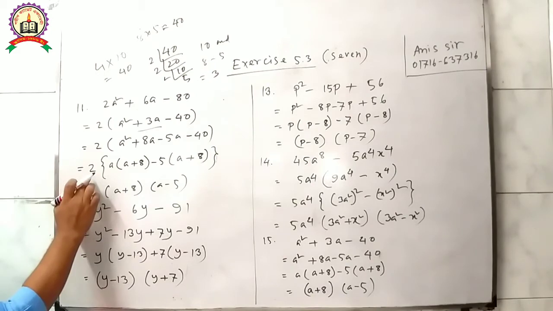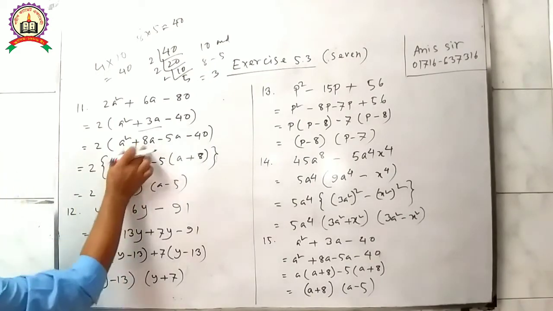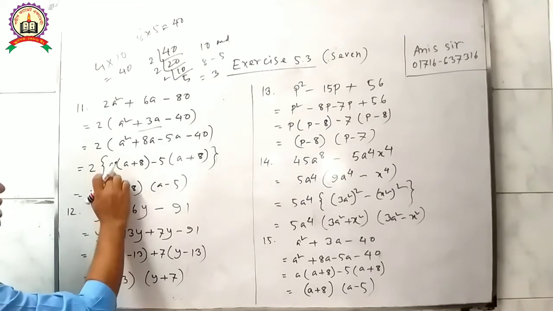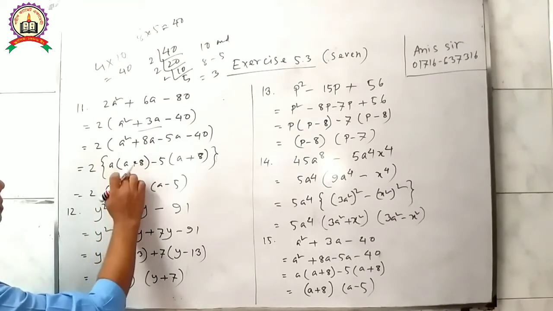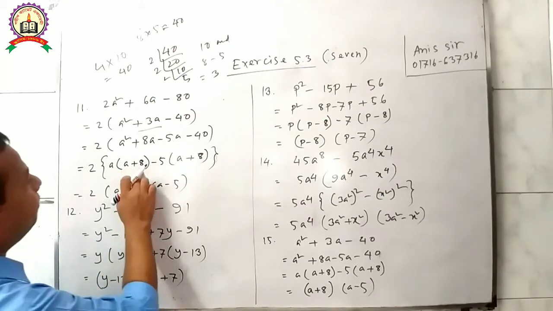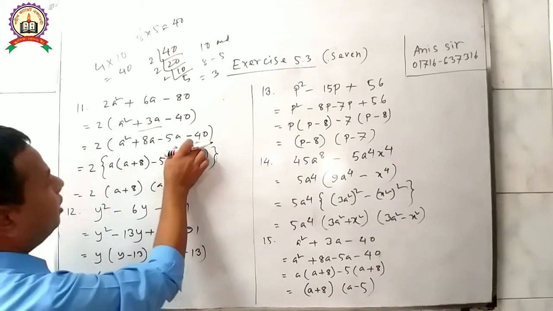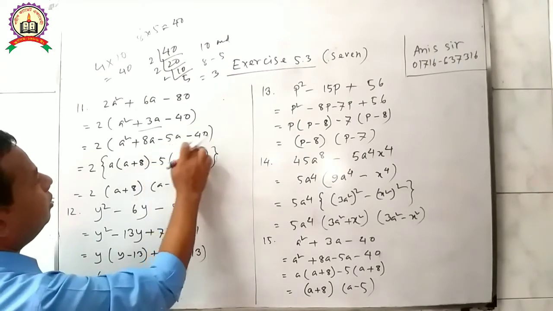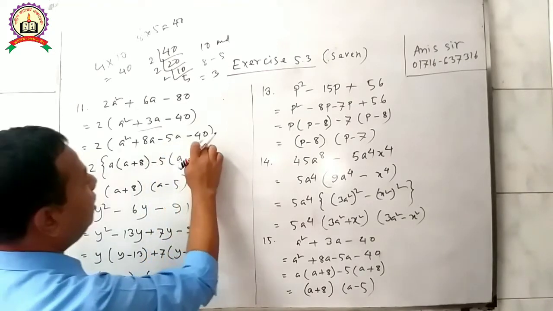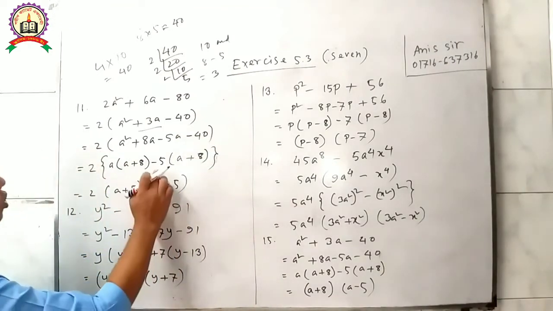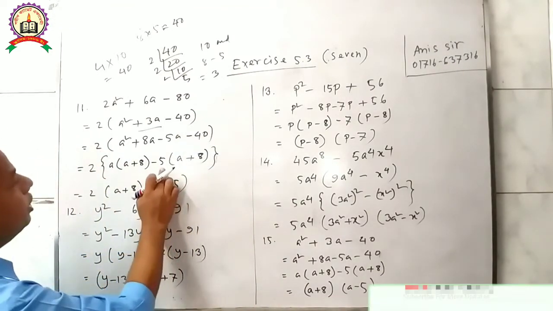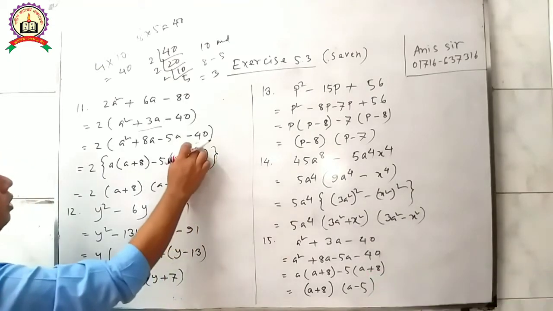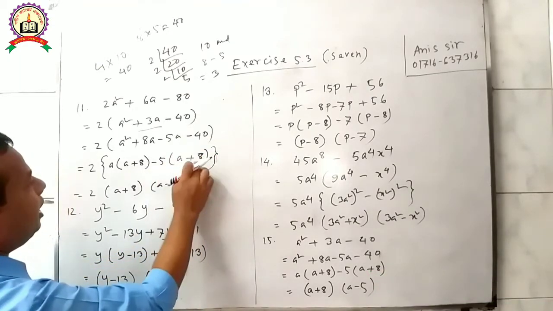Then in the first pair we take a as common, and we get a plus 8. In the second pair we take minus 5 as common, because 5 is in both terms, and 40 divided by 5 we get 8.